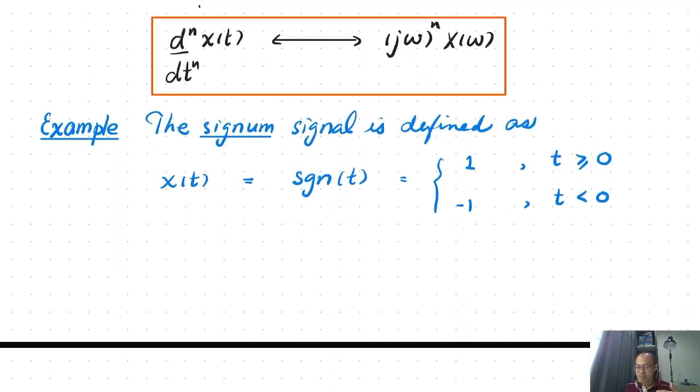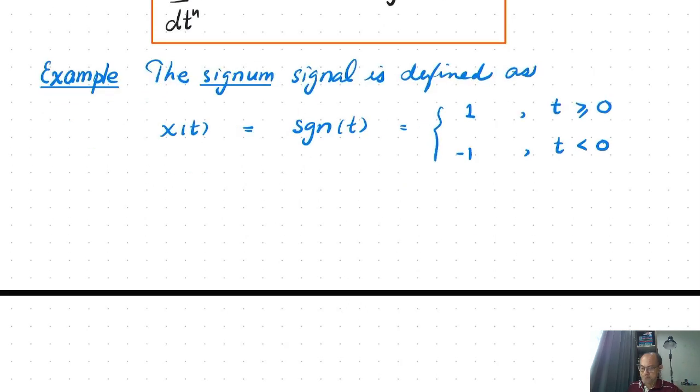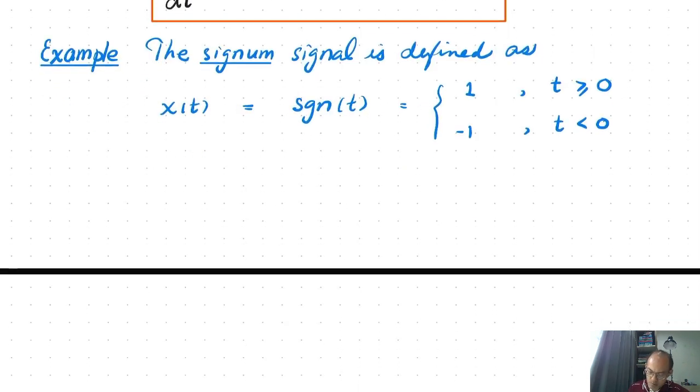Now, the question is, we'd like to find the Fourier transform of the signum signal. We want to find X of omega, the spectrum of the signum.